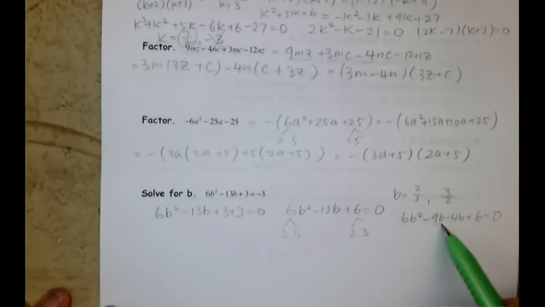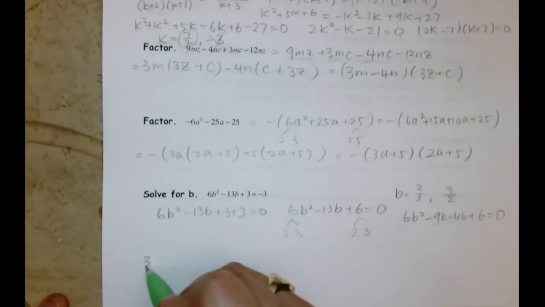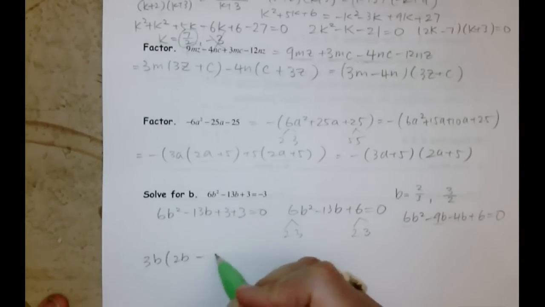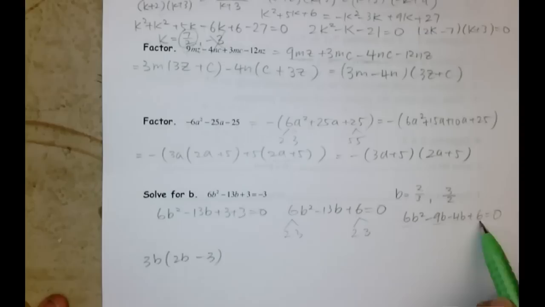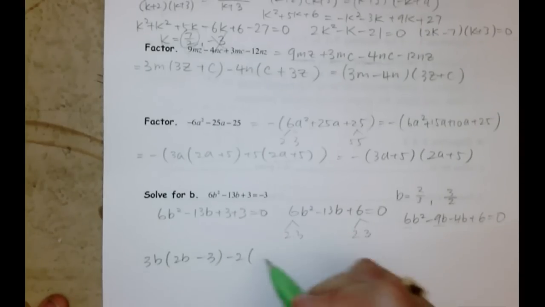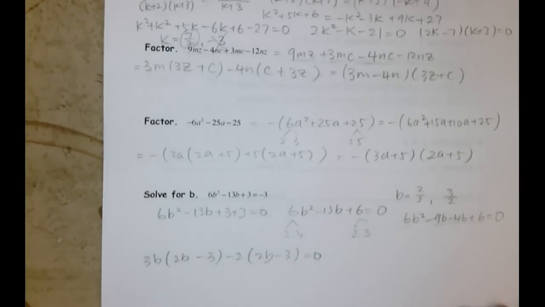Now from here and here you have a 3b in there. So 3b, and what's left is 2b minus 3. And from here and here, you only have 2, I guess, minus 2, and 2b minus 3 equals 0.